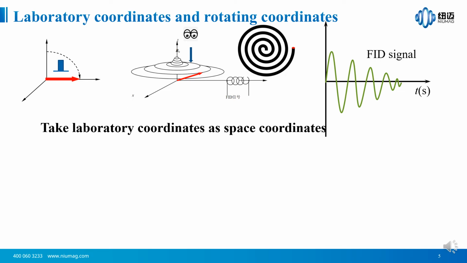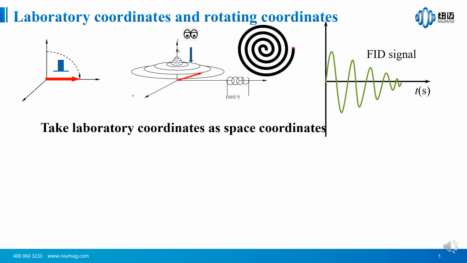The recovery process has two parts. One is the longitudinal recovery, one is the transverse attenuation. Our probe can only detect changes in the magnetization vector in the transverse direction.